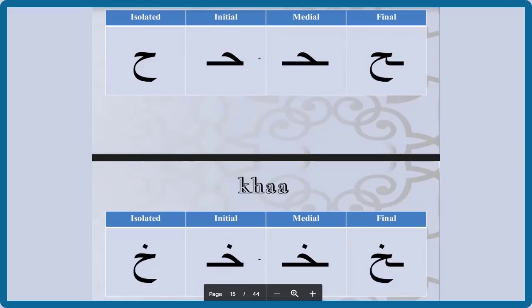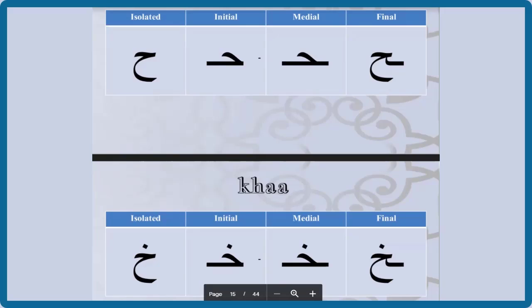Sisters, inshallah, we will try to send you this presentation or these pages, so you can take help from here too, right? Because this is just a kind of practice.